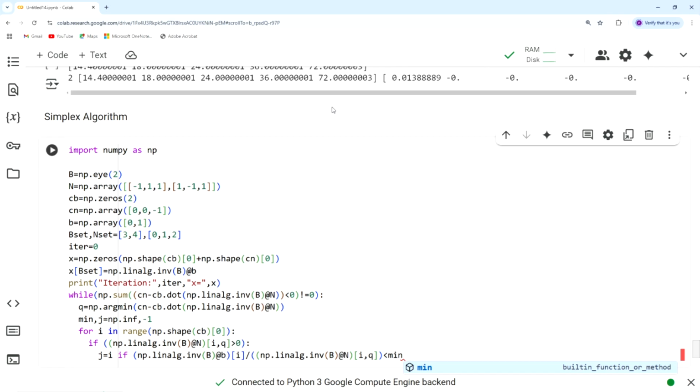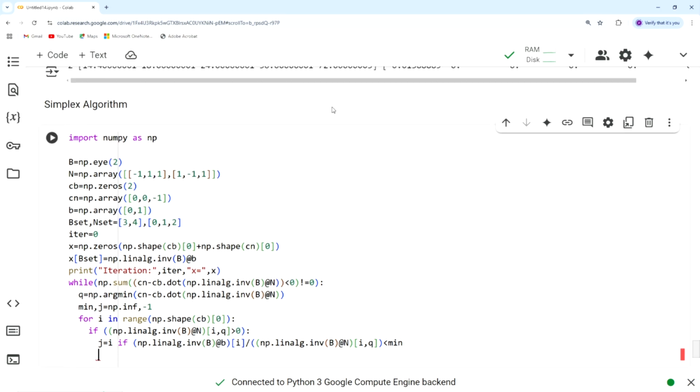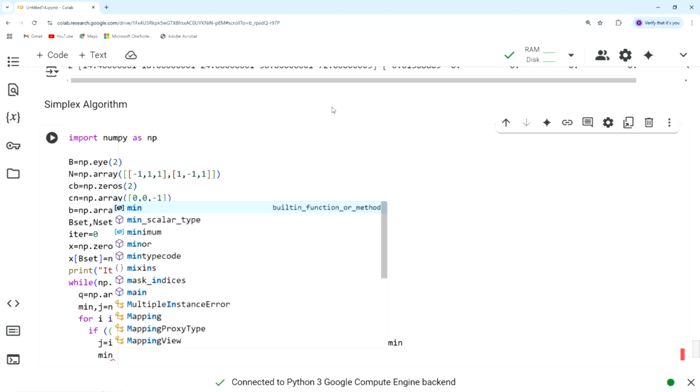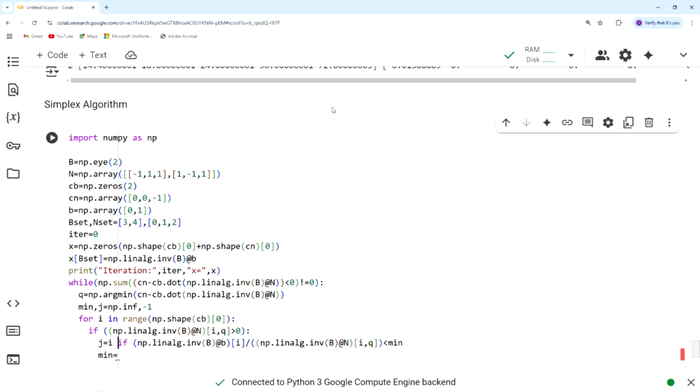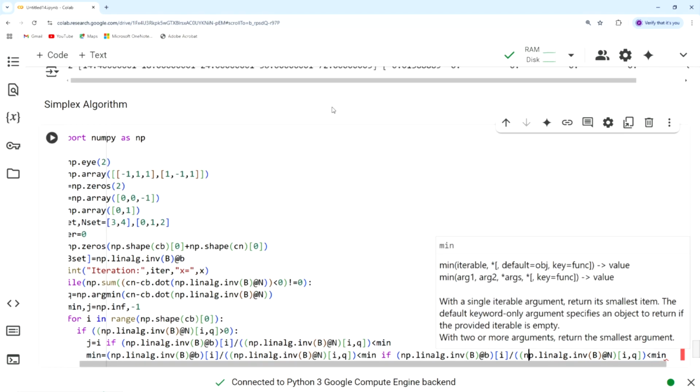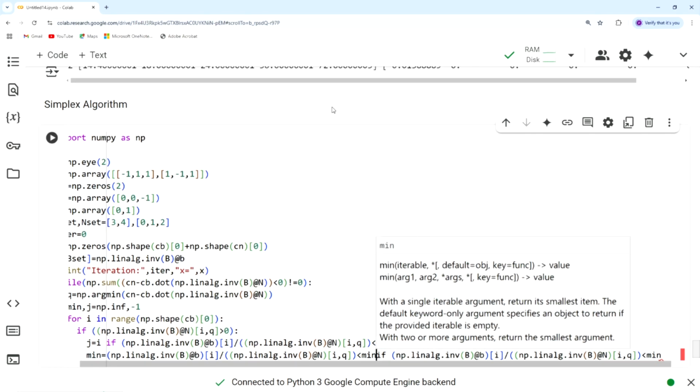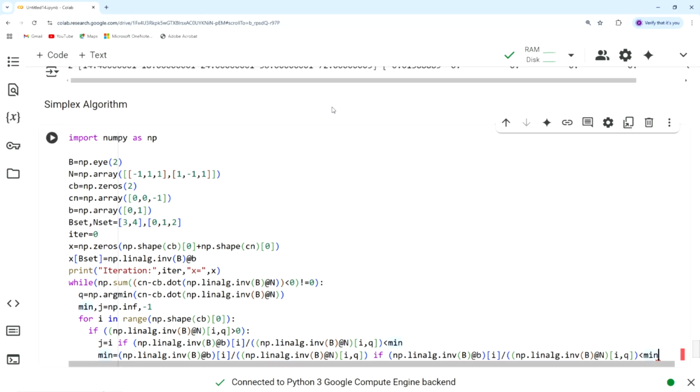If what you have here is less than min, then you have to modify the value of j, and similarly, min equals this quantity. I should have removed the min.